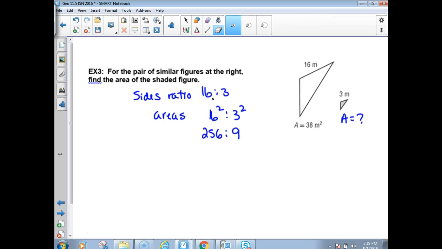That is a 16. It kind of looks like my 6 smushed together here with a 1, which is 16. Let's see, 16 squared. There we go. All right, so this is your area ratio, 256 to 9. We want to find the missing area, so we say 256 is to 9 as 38 over A or A over 38.